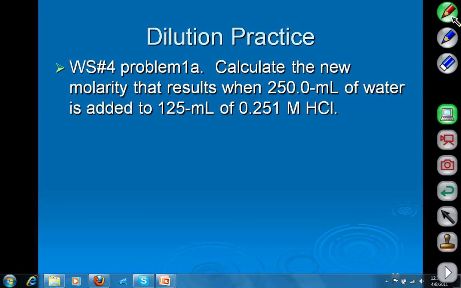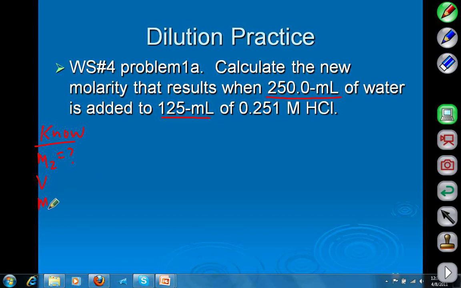Let's grab the pen. In these kinds of problems, I like to write down what I know. Calculate the new molarity, so new molarity must be M2. I'm trying to find that. That results when 250 milliliters of water, so that's a volume, is added to 125 milliliters of 0.251 molar HCl.